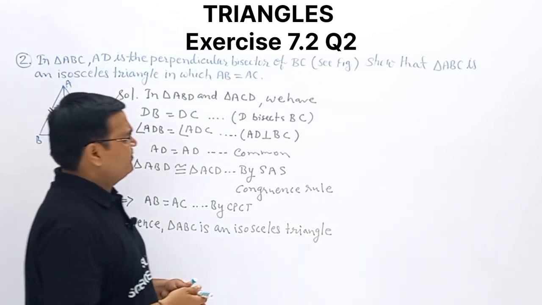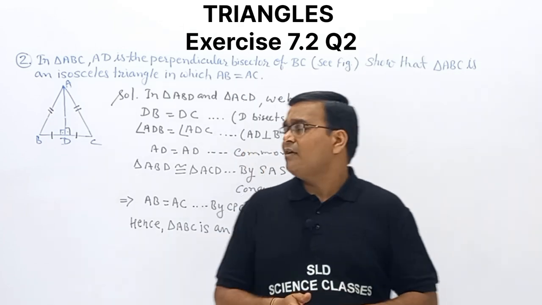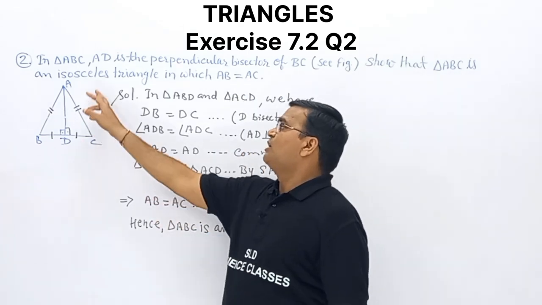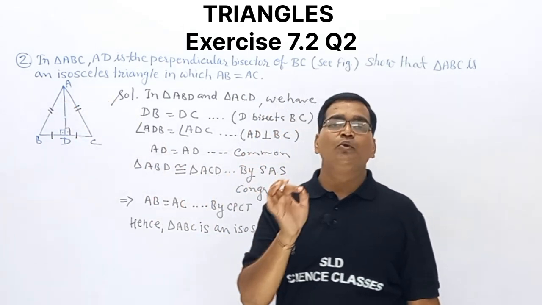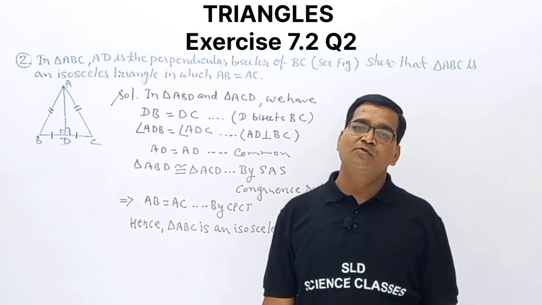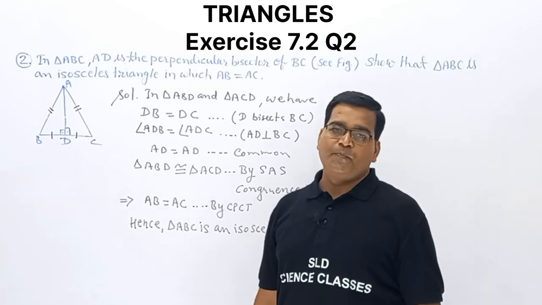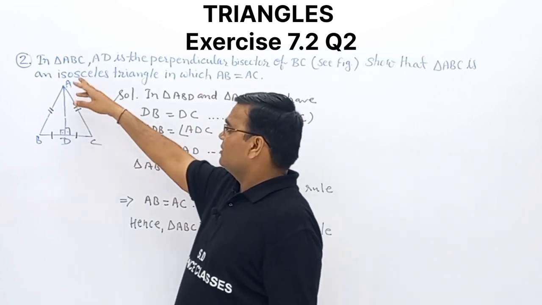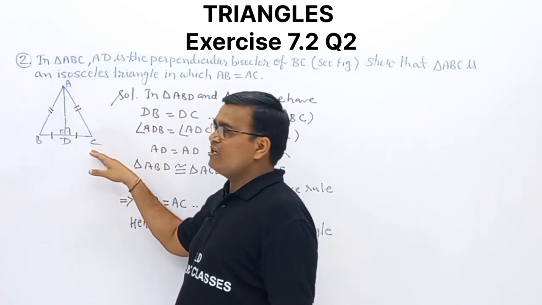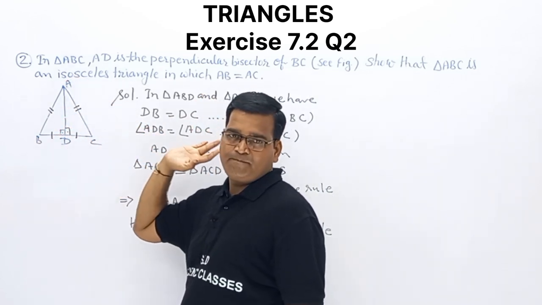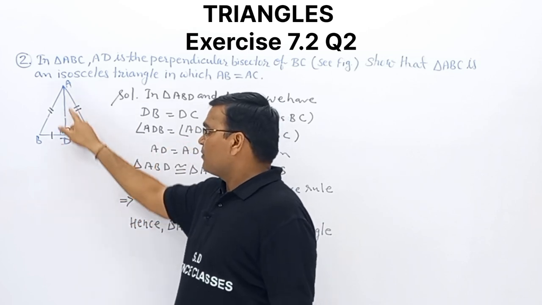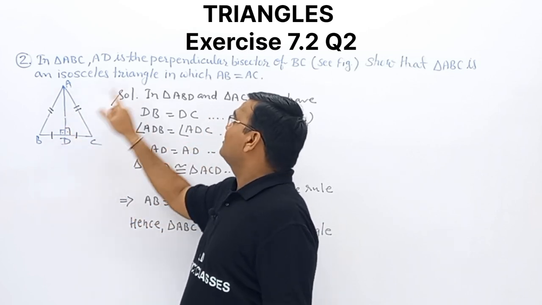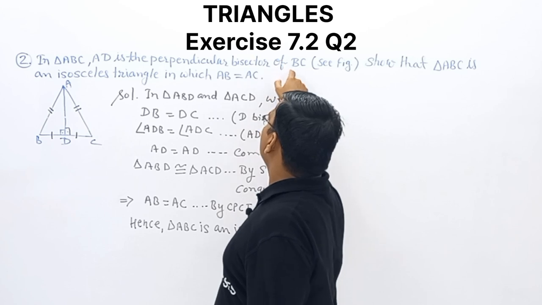Observe, it is a simple, small question. We want to prove triangle ABC is isosceles. This is the main task. So how will we prove it? Some things are given in the question. AD is perpendicular to BC. It means this angle equals this angle. And D bisects BC.